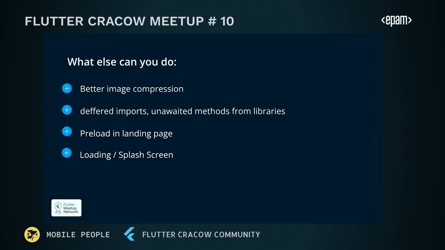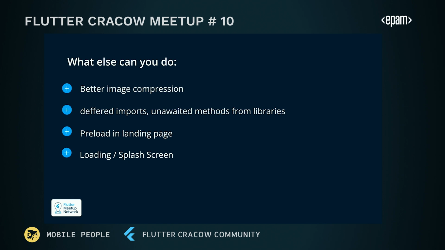The third point, something I found interesting, is if you have a landing page and you have a button that is redirecting the user into the Flutter, then you can firstly preload the Flutter and then have that already ready when you are going into the Flutter page.